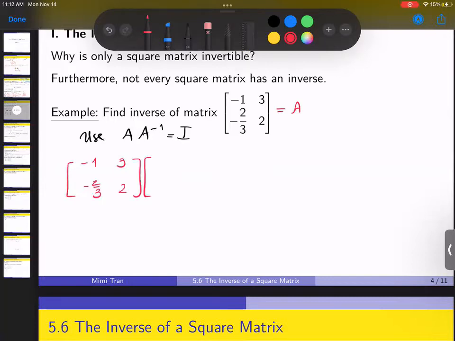I'm going to call this a, b, c, d. And when you multiply them together, they better be the identity matrix. We did this before, do you remember? We kind of did this in the last lecture.